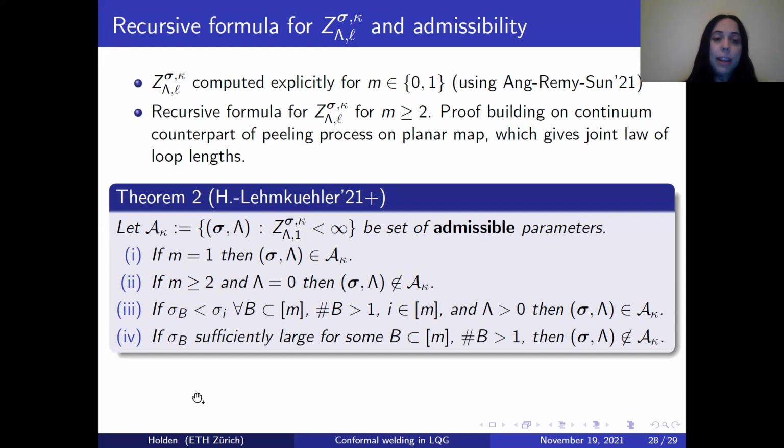But on the other hand, if we choose some arbitrary subset of points with more than 1 point, and then we choose the associated parameter sigma sub b sufficiently large as compared to the other parameters, then the partition function will always be infinite.